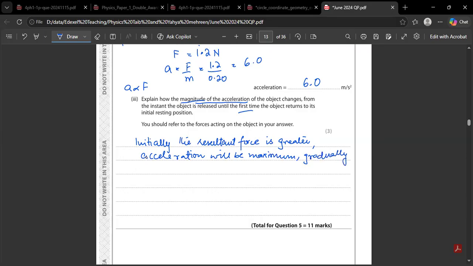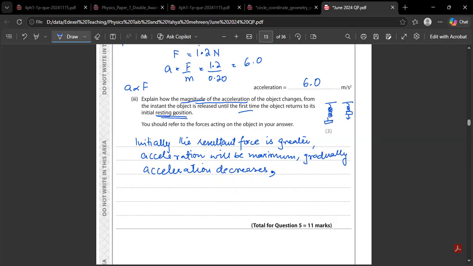gradually acceleration decreases. Gradually acceleration decreases, and then what will happen when the spring gets stretched? It'll go back to its original, initial resting position.